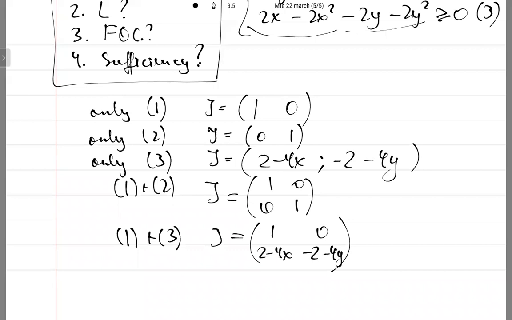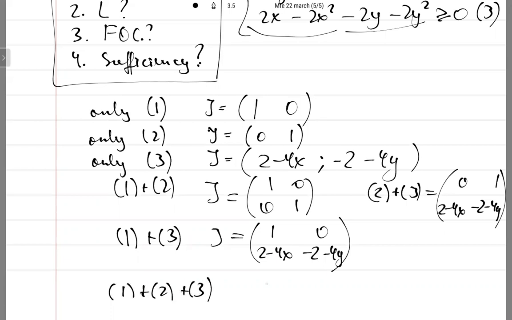Second plus third is 0, 1, 2 minus 4x, minus 2 minus 4y. And finally all the inequalities, first plus second plus third. Let's check all these cases.